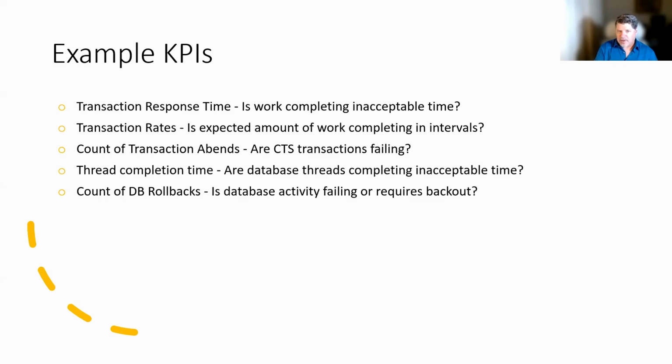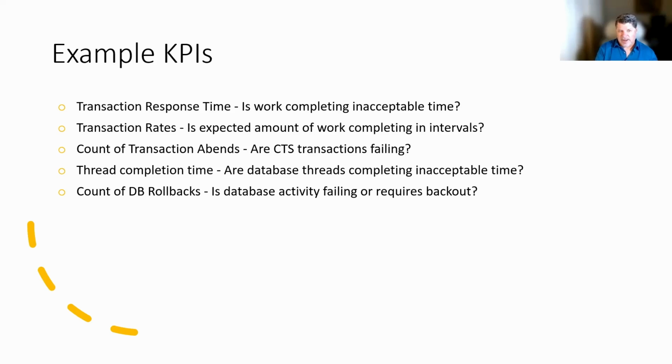We can track that. We can see that those are happening. That's going to have an impact on the amount of data that we can get through the system as well, right? From a database perspective, say for DB2, we're trying to look at the thread completion time. Are the threads completing quickly? Are they being responsive to and replying back to the transaction with the data that they've collected? Okay. Are there too many database rollbacks?